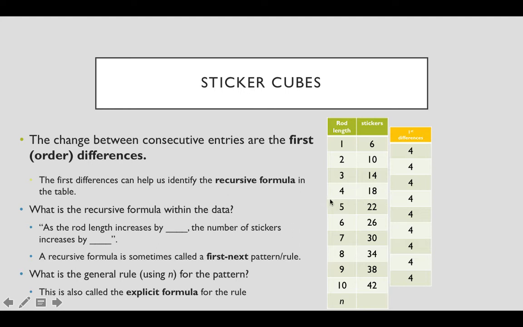So even though we only got to here, if we keep adding 4 stickers every time we increase the rod length by 1, we can get all the way down to 10 to find that there are indeed 42 stickers on a rod that has 10 cubes in it. So when we think about the recursive formula, as the rod length increases by 1, the number of stickers increases by 4. We sometimes call this a first next pattern, or a first next rule, because if I know the first entry, I can find the next entry by doing something, in this case adding 4.